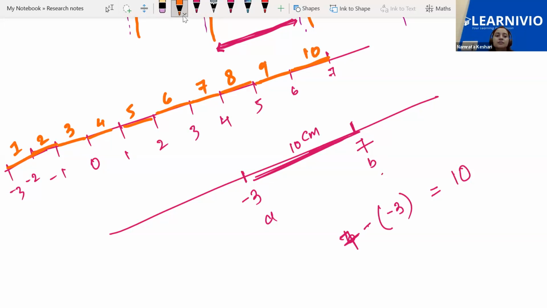Can you see? So why are we counting like this for the negative number? Negative also has the distance of 1 centimeter maintained. Yes or no?